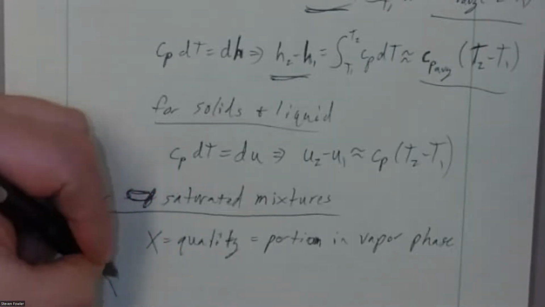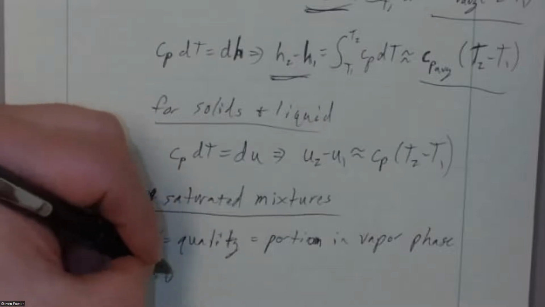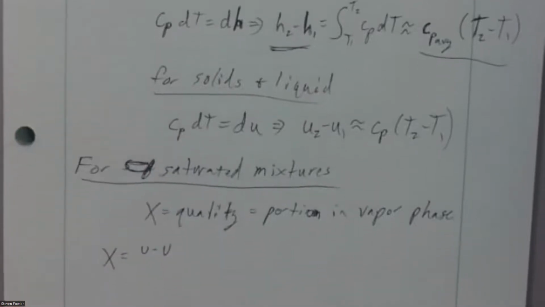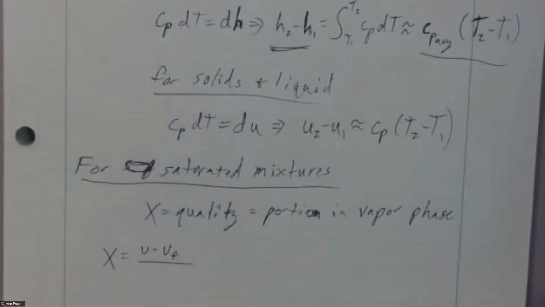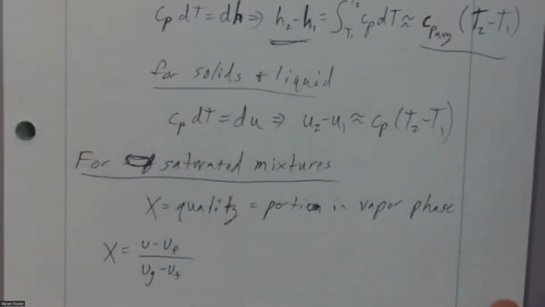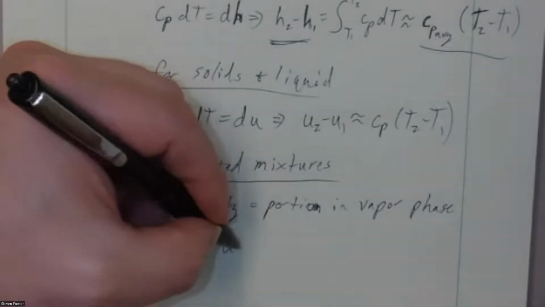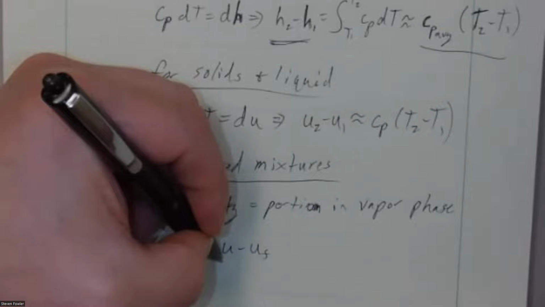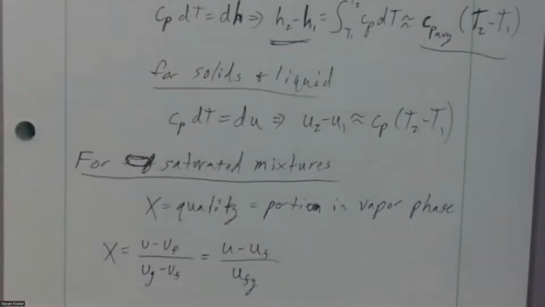How do we find it? Well, X is equal to, we could start with a specific volume, that specific volume value that's known or given, minus the specific volume value for saturated liquid, divided by the difference between vapor and liquid. And that's equal to the same ratio for all the other properties. U minus U sub F. Remember, the UFG value represents the difference between UG and UF.